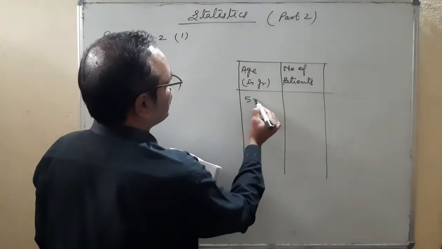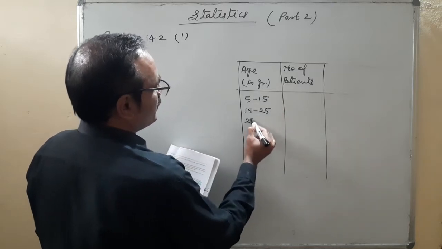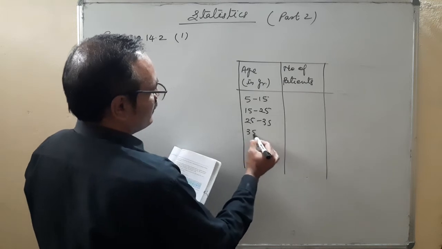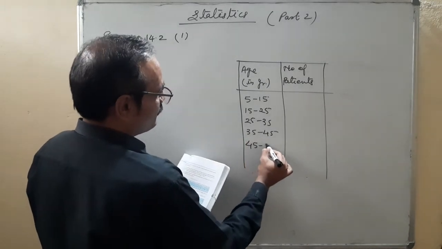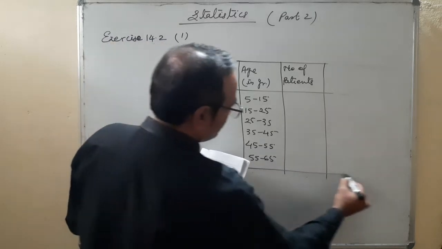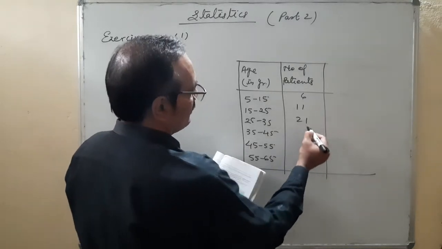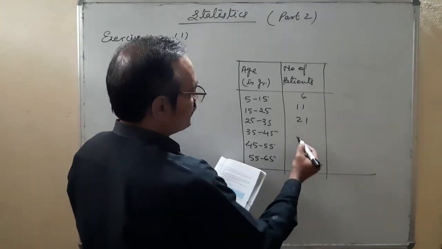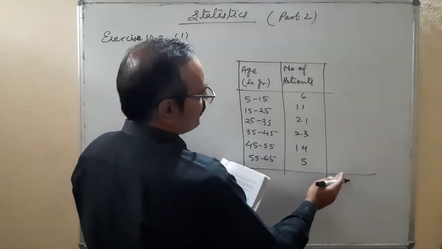The intervals are 5 to 15, 15 to 25, 25 to 35, 35 to 45, 45 to 55, and 55 to 65. The frequencies are 6, 11, 21, 23, 14, and 5.